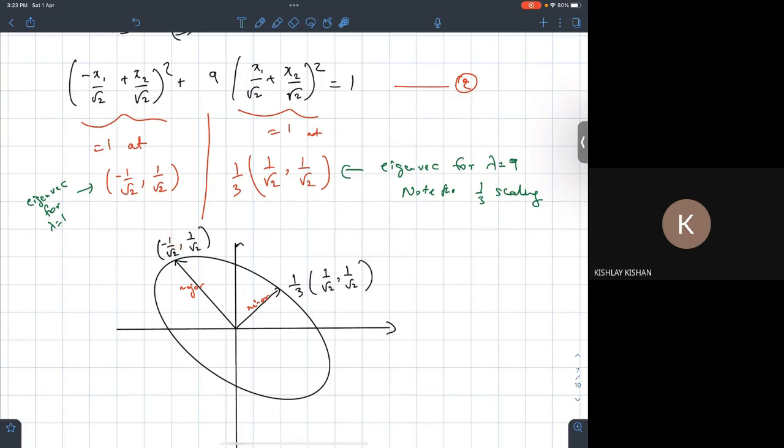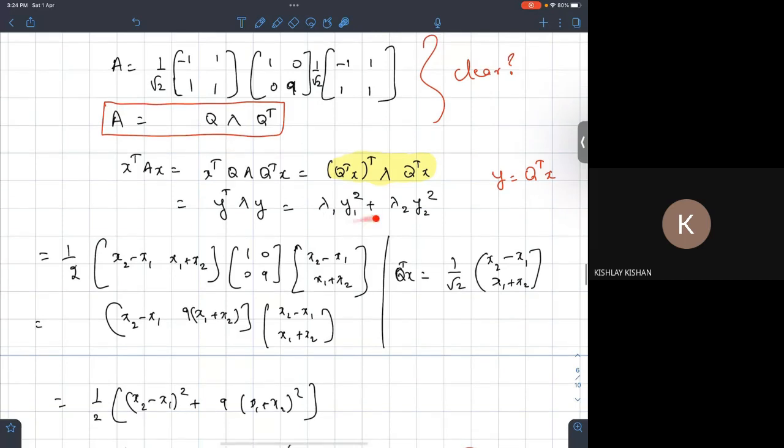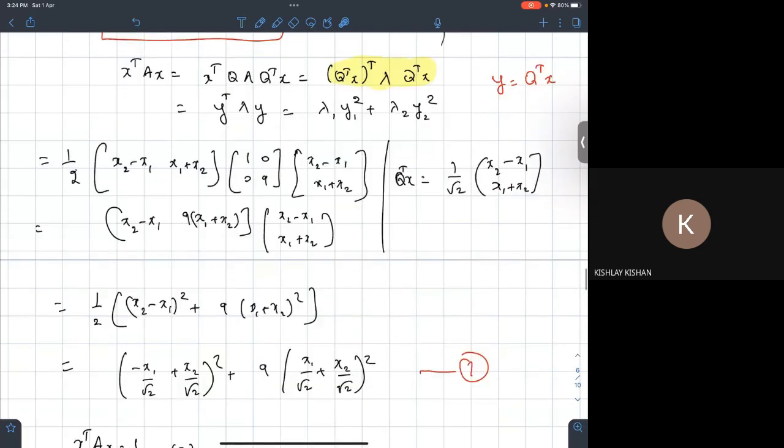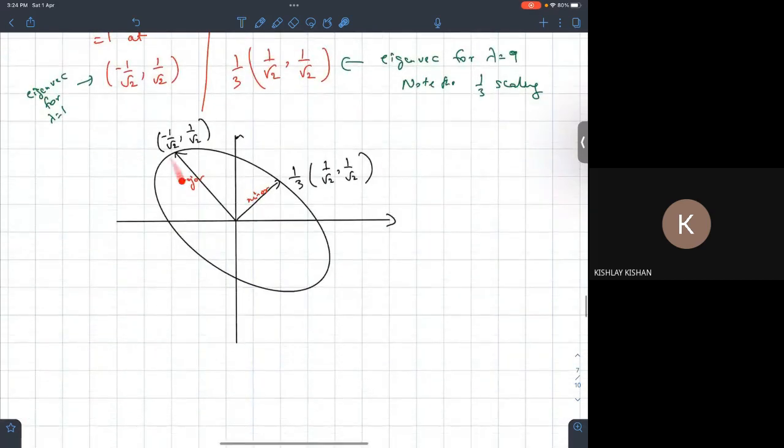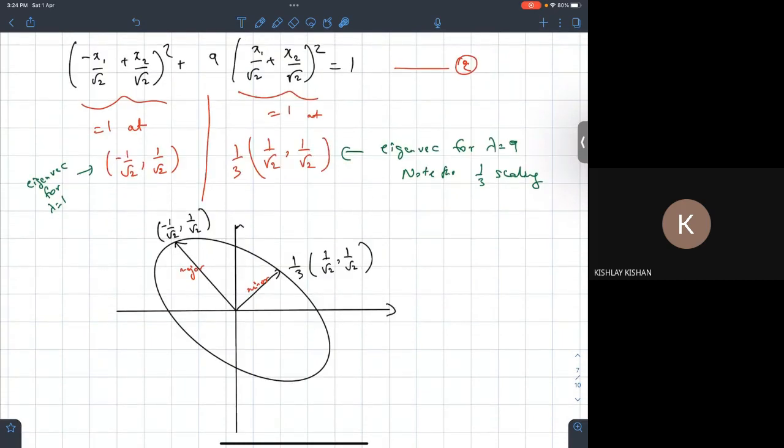If I take the smallest eigenvalue, that will decide the major axis. That's because if you look at this equation, it is like y1 square divided by 1 by lambda 1 plus y2 square divided by 1 by lambda 2. So if lambda 1 is the smallest, then that becomes the principal axis. I want you to parse that statement.